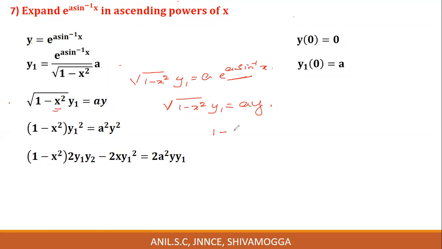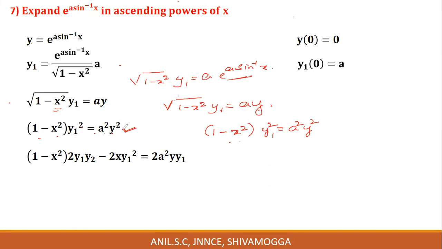What we get here is 1 minus x square into y1 square is equal to a square into y square. That's what I have written here.